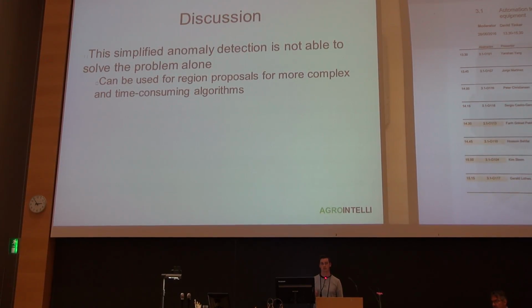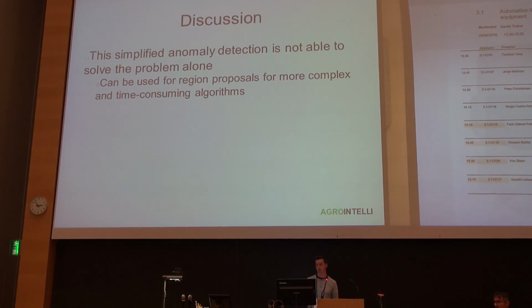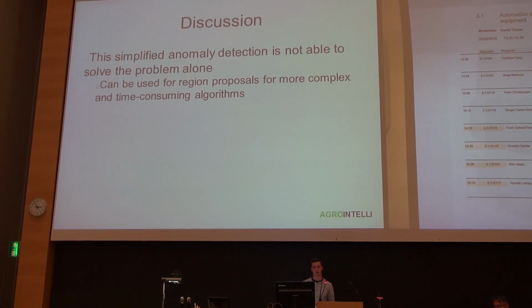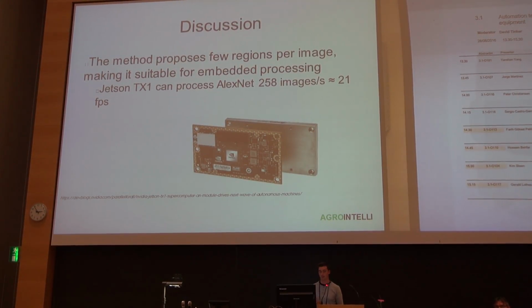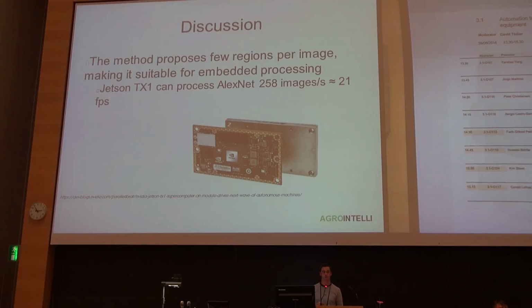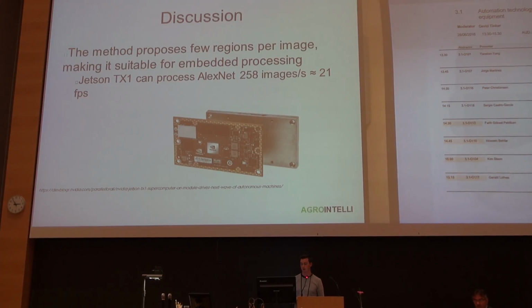In that way, this very simple approach of novelty-based detection can be used to provide proposals for more complex and time-consuming algorithms. An example could be convolutional neural networks, which outperform human detection capabilities.